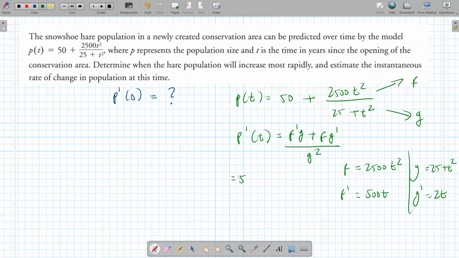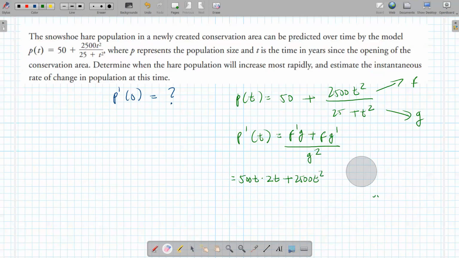F prime is 5000t, g is 25 plus t squared, plus f as it is, 2500 t squared, g prime is 2t, all over g squared. So g squared is 25 plus t squared, squared.